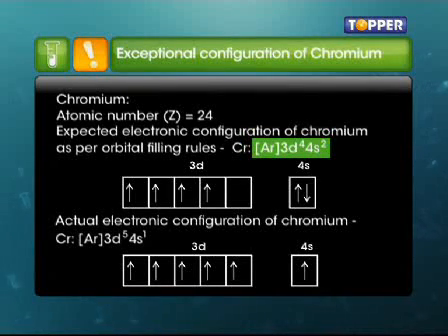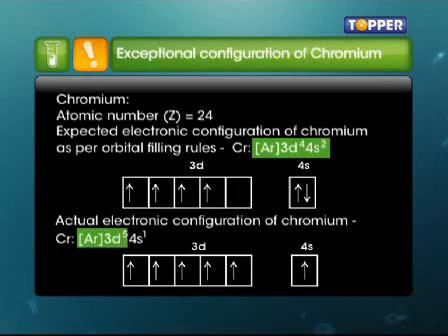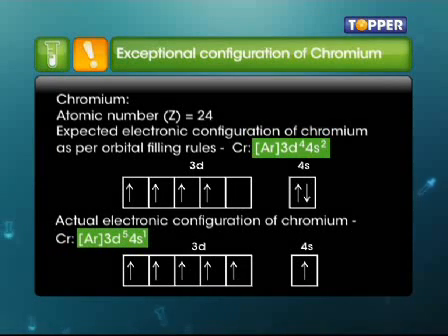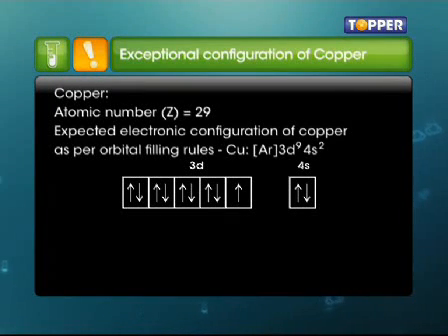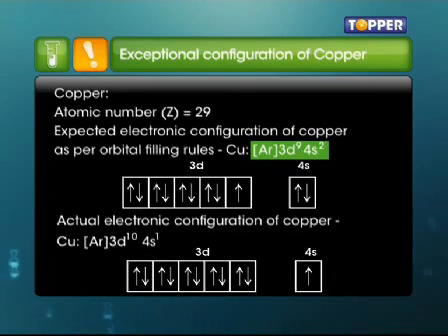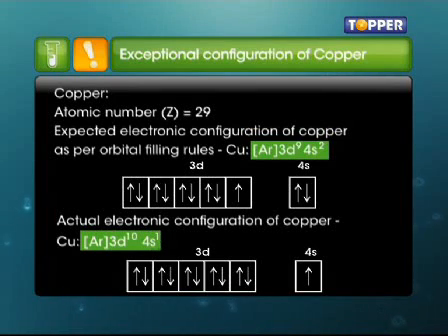However, the actual configuration is [Ar] 3d5 4s1. For copper with atomic number 29, the expected configuration as per the rules of orbital filling is [Ar] 3d9 4s2, but in actuality it shows a configuration of [Ar] 3d10 4s1.